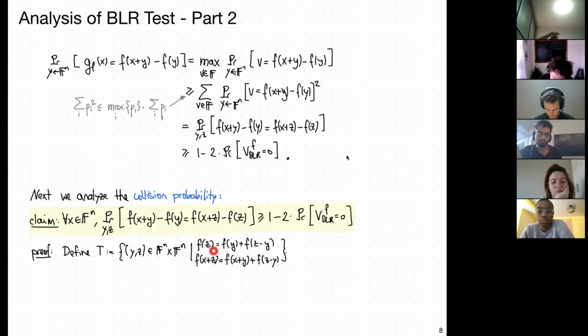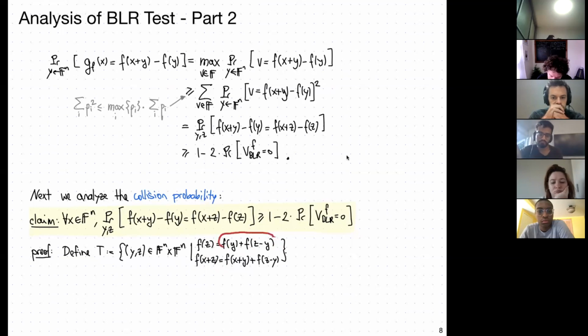Now look at this condition. I have here f of z, and I have here f of z. This is not a coincidence. I have here f of x plus z, and I have here f of x plus z. Now suppose I plug in this equation. Let me do it explicitly.